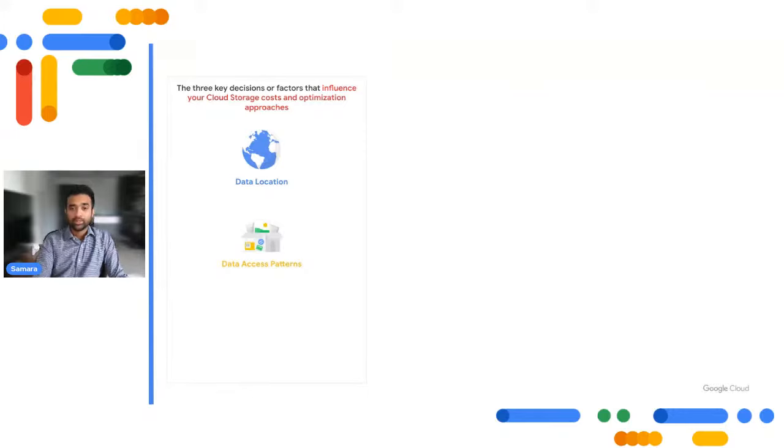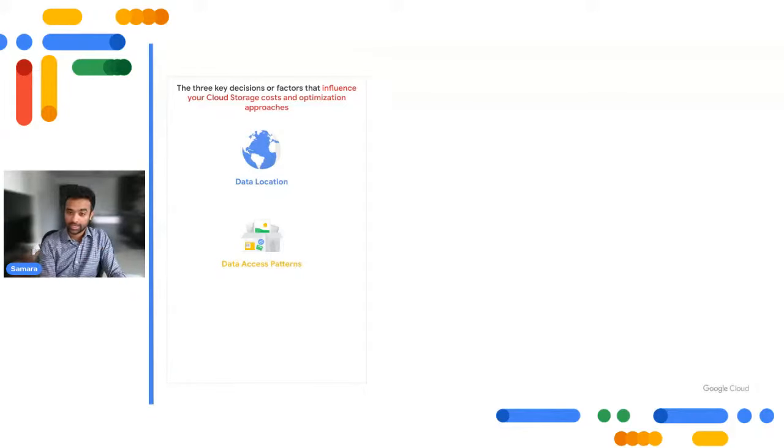It's very important to understand how often your data will be accessed, as it will help you pick an appropriate storage class. And the opportunity here to optimize costs is that GCS offers four different storage classes, which we will look into in a minute, each with its own performance and pricing characteristics.